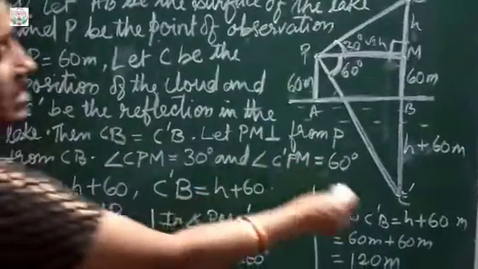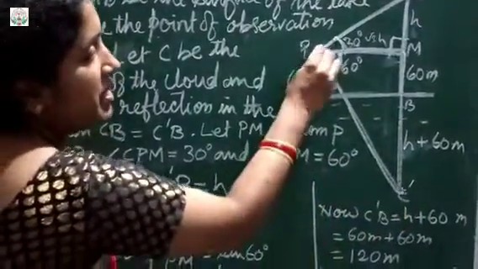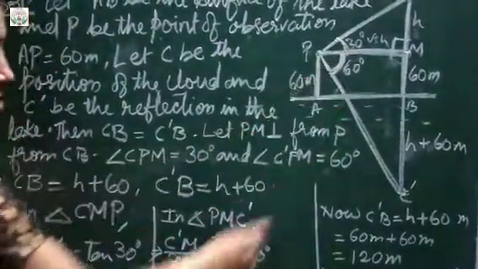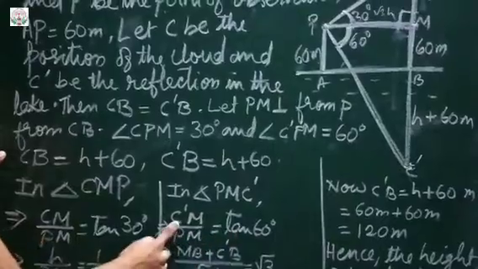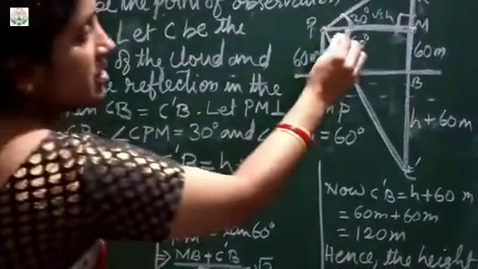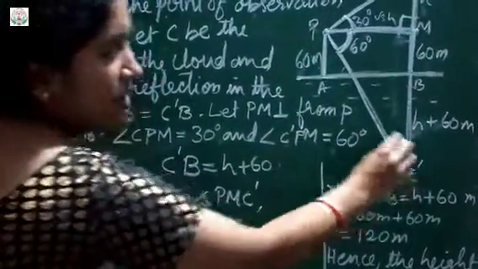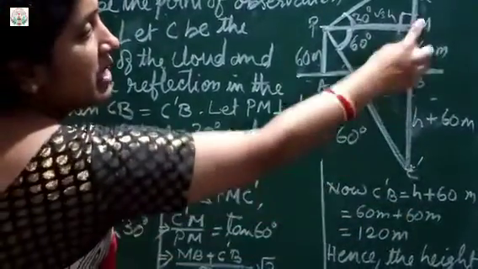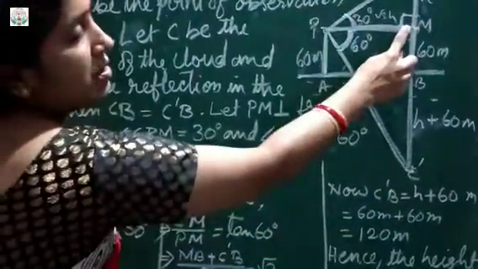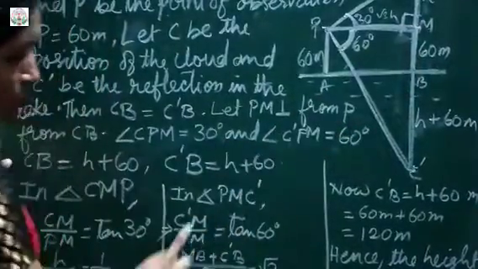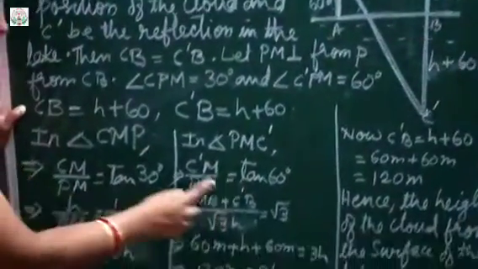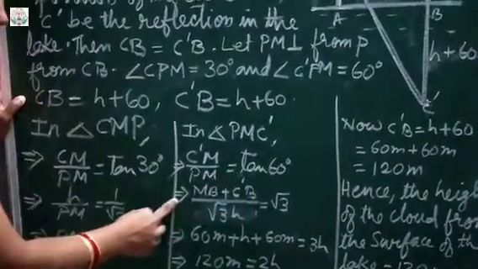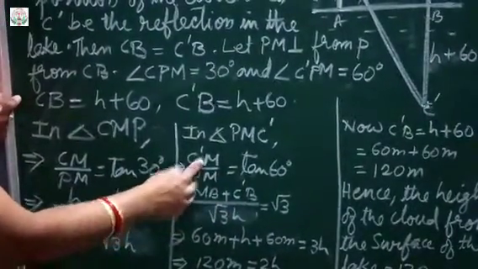That is in triangle C dash PM. In this triangle, this angle is 60 degrees. So C dash M is the perpendicular and this is the base. So C dash M upon PM equals tan 60, that is perpendicular upon base. Tan 60 degrees implies C dash M is how much?